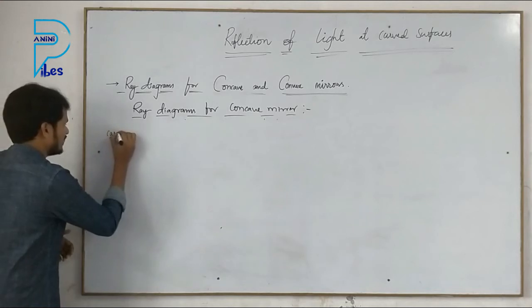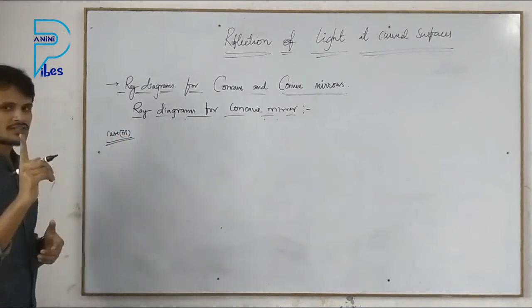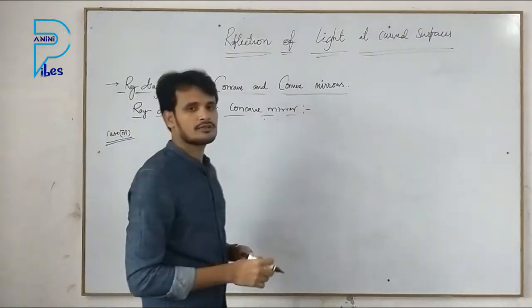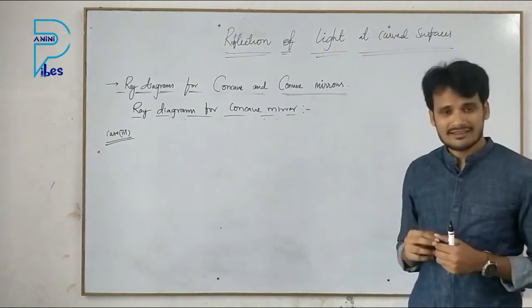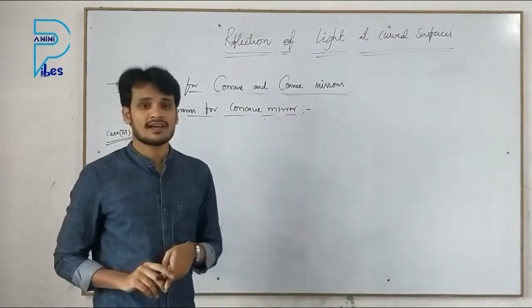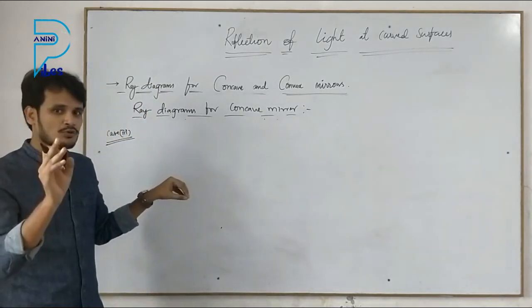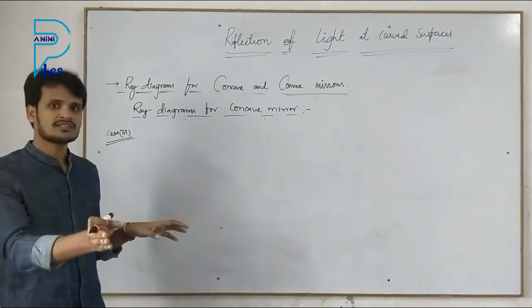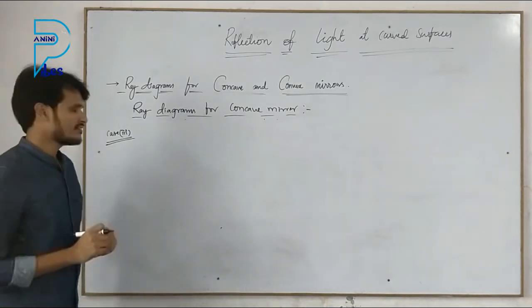Let's take case 3. The first case is if the incident ray is parallel to the principal axis, the reflected ray passes through the focus. The second case is if the incident ray passes through the focus, the reflected ray is parallel to the principal axis. And the third one, what is our choice here? The next one is that the incident ray may be passing through the center of curvature.